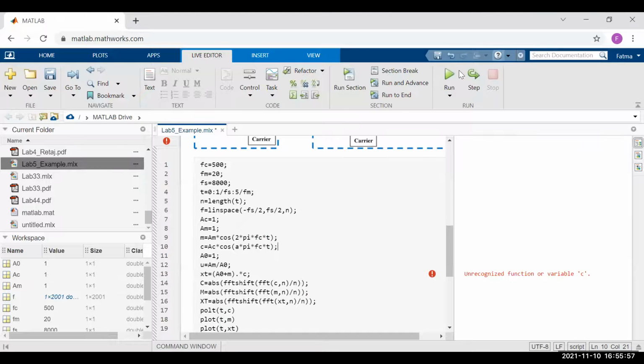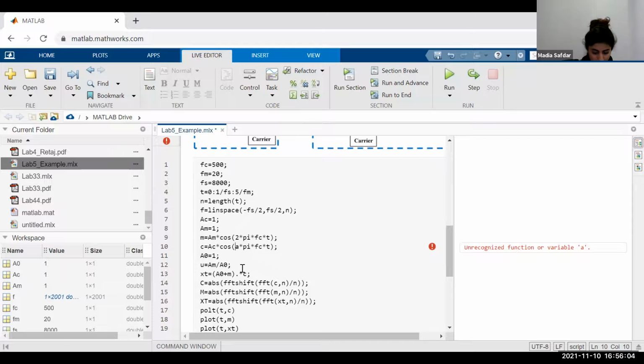So let's see. But who put A here? This is 2. Yes.